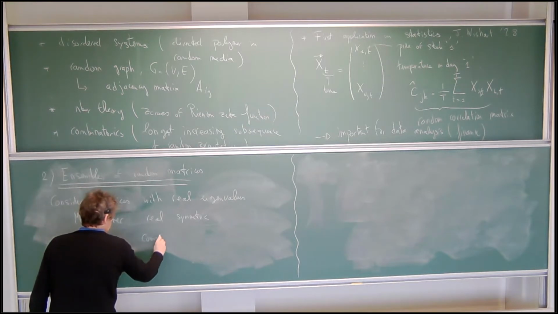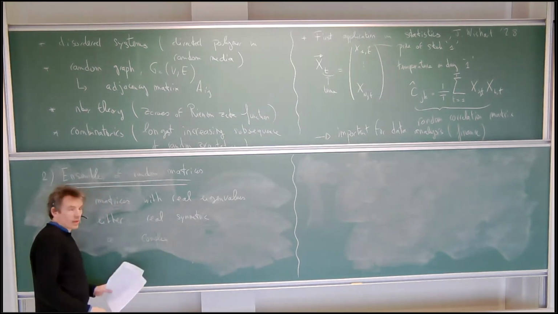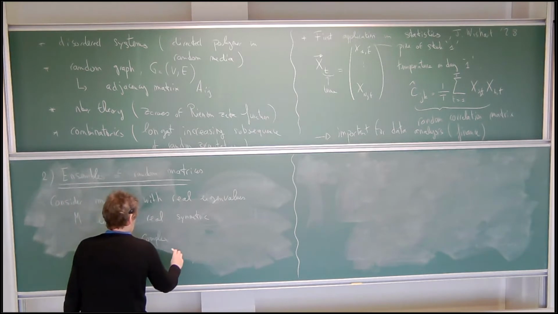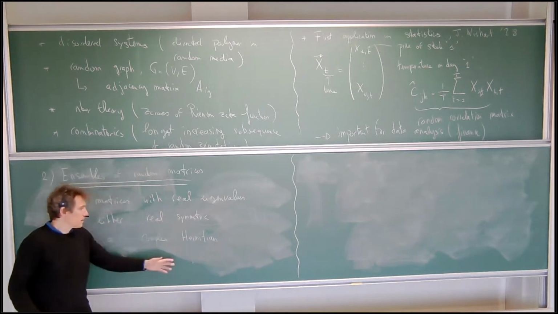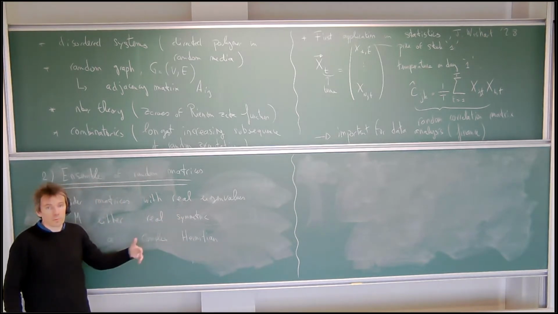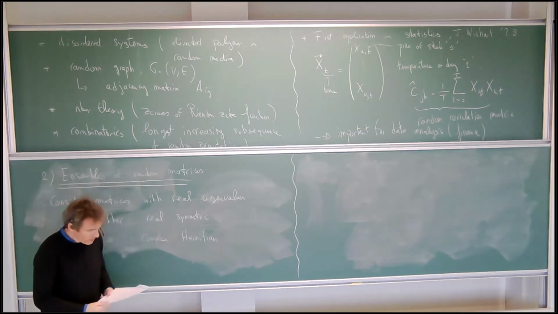So these are the two main ensembles that I will have in mind during these lectures. And it's clear that in both cases, of course, the spectrum is purely real.